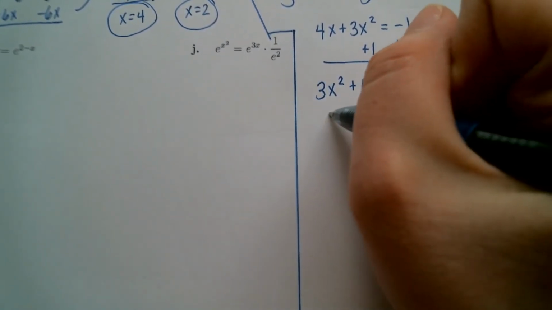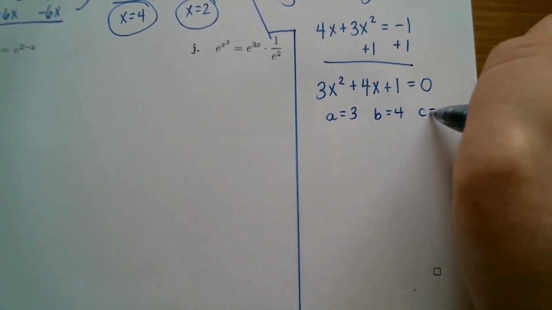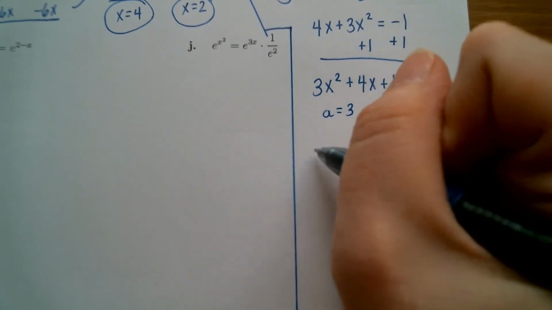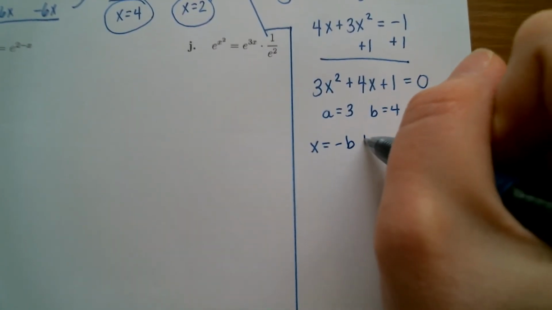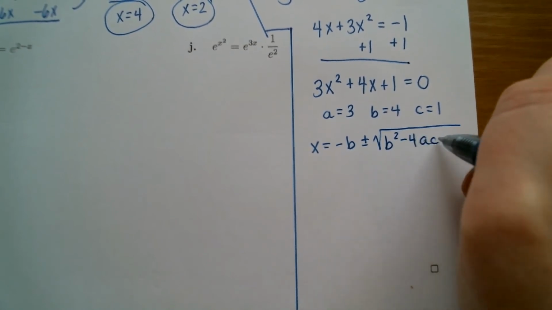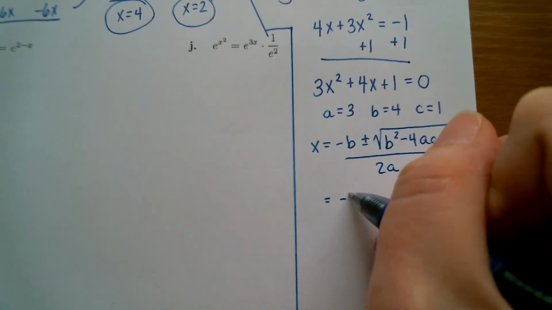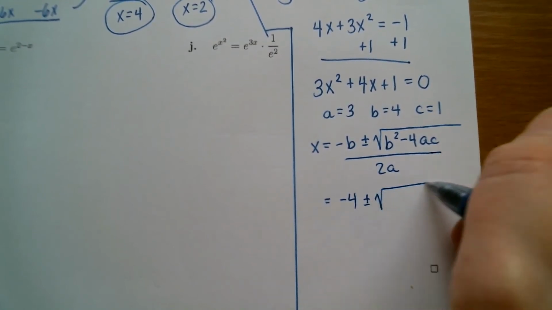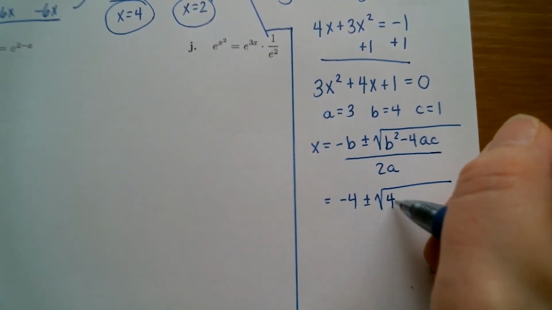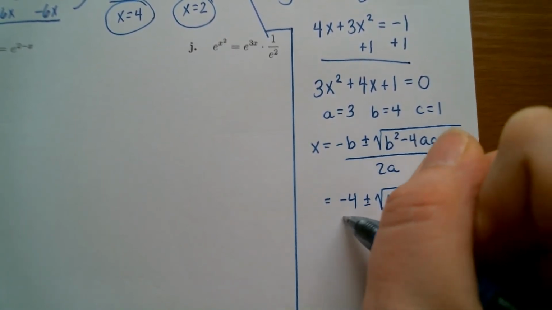So A is going to be 3, B is going to be 4, C is going to be 1. Let's plug into negative B plus or minus the square root of B squared minus 4AC all over 2A. So we're going to get negative 4 plus or minus the square root of B squared minus 4AC all over 2A.